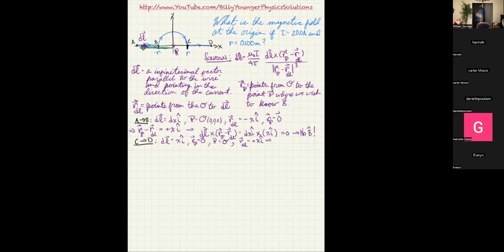And therefore, DL cross RP minus RDL is equal to 0 again. So part CD does not contribute to the magnetic field either.